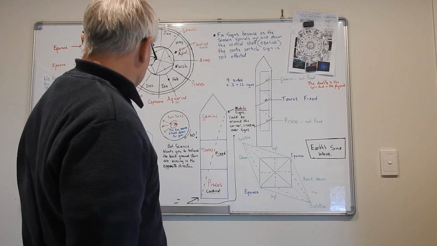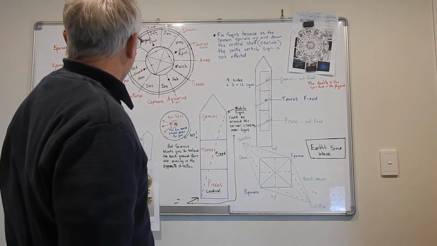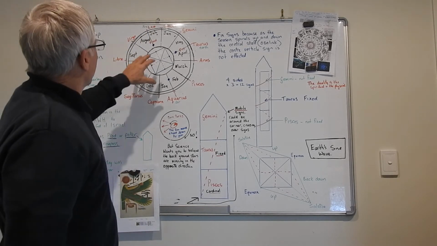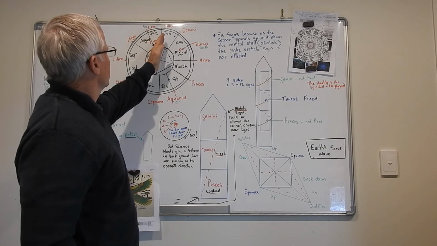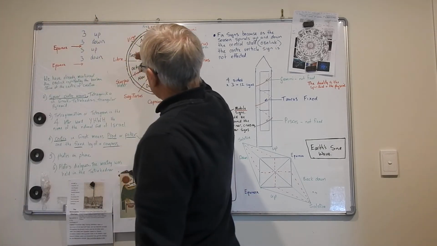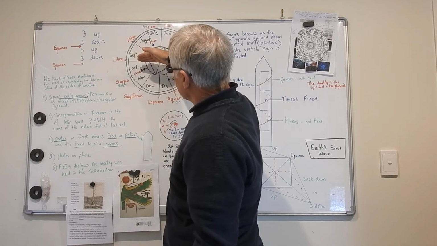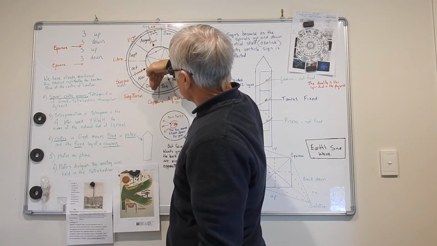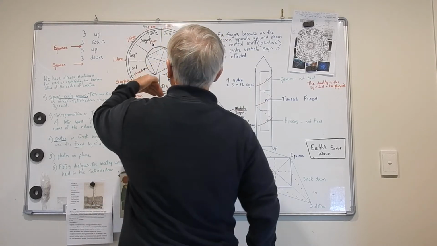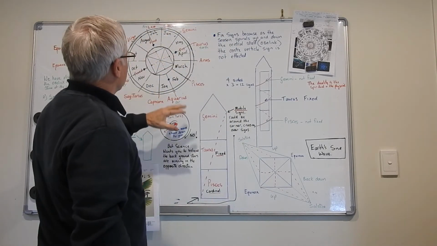So that's basically it. So we have the 3 up in the season, then it comes 3 down, equinox, and then we go 3 down, right down to the solstice, December, and then back up again. That's how it works.